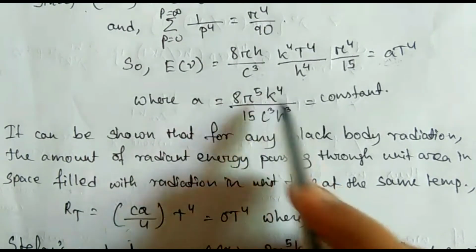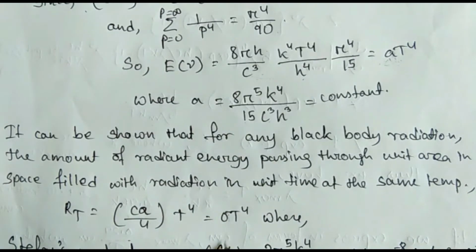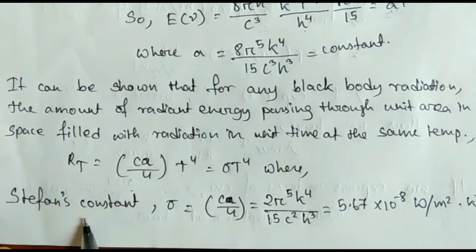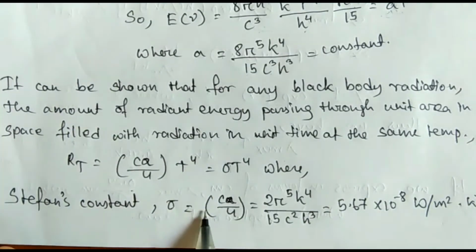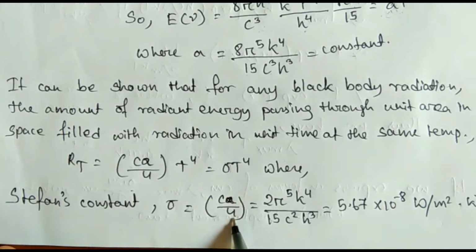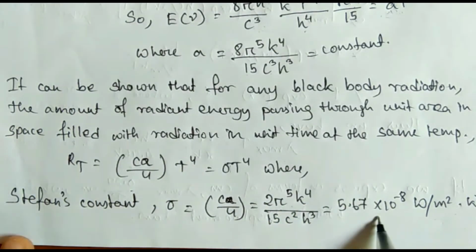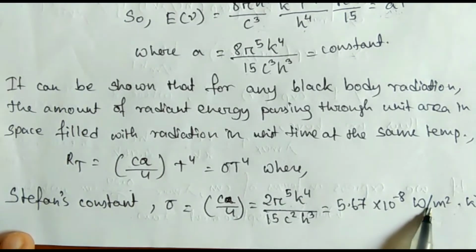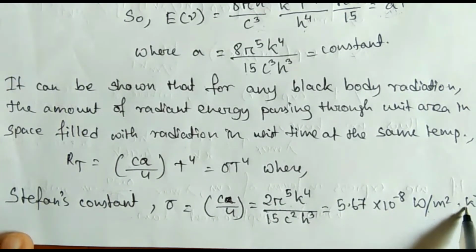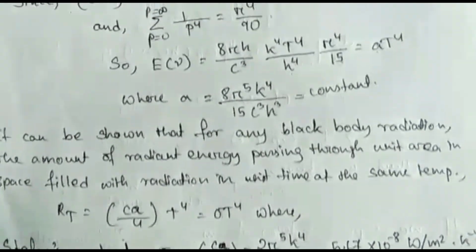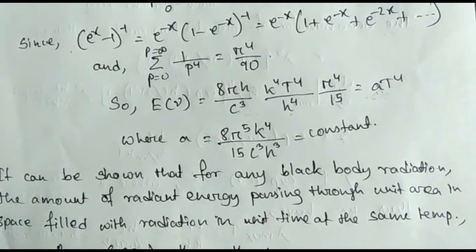Since A is this value, sigma, that is the Stefan Boltzmann constant, is also equal to this. So from here we can find the value of the Stefan constant: sigma equals c into A by 4, equals 2 pi to the power 5 k to the power 4 by 15 c square h cube, which is 5.67 into 10 to the power minus 8 watt per meter square K to the power minus 4. So that was all the derivation related to the blackbody theorem.